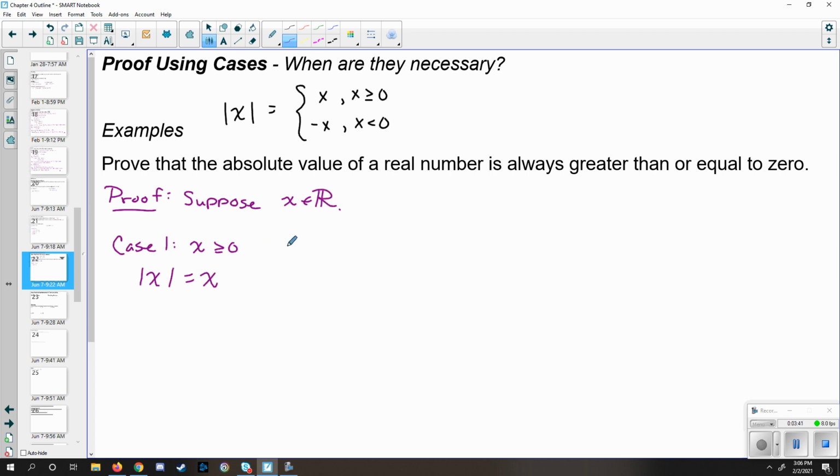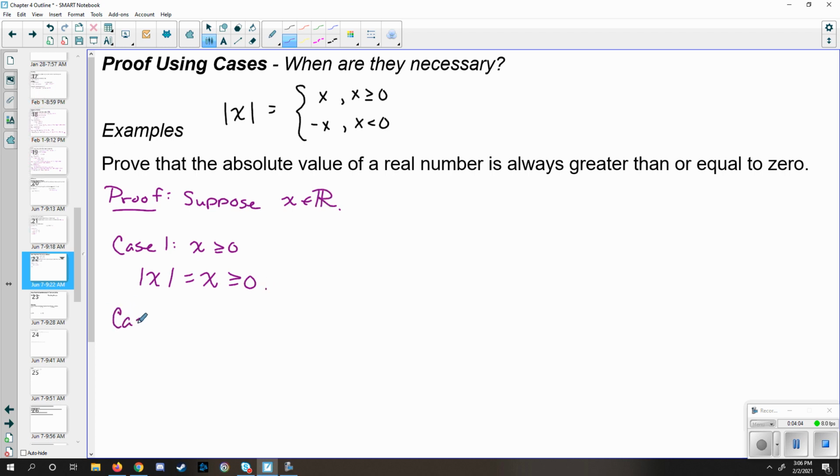This part of the proof is almost comical how simple it is, right? But by just writing out what this gives us, it verifies that the absolute value of x is also greater than or equal to 0. So that's it for case 1.